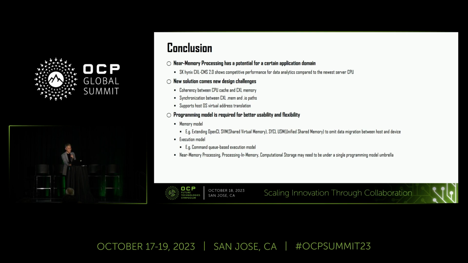So to hide, not only but to hide these hardware-dependent challenges, we are finding a proper programming model which gives better usability and flexibility. For now, I think we have two ways. One is a big programming model which can cover near memory processing, in-memory processing, or computational storage. And the second way would be very simple and minor changes from the current device-oriented implementation. Well, thank you.